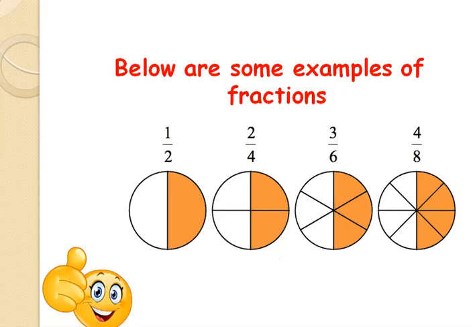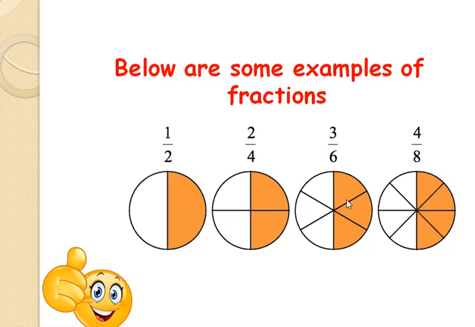Now these are some examples of fractions. This is divided into 2 equal parts, so each of them is 1 over 2. This is divided into 4 parts, but 2 of it is shaded, so the shaded part is 2 over 4. This also, the shaded part is 1 over 2.